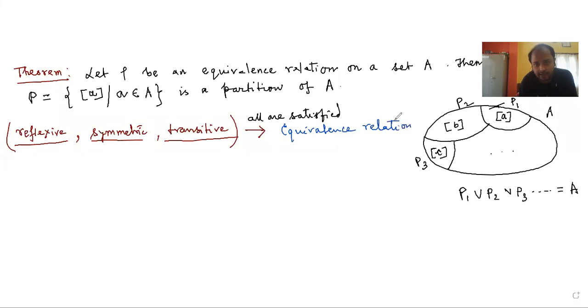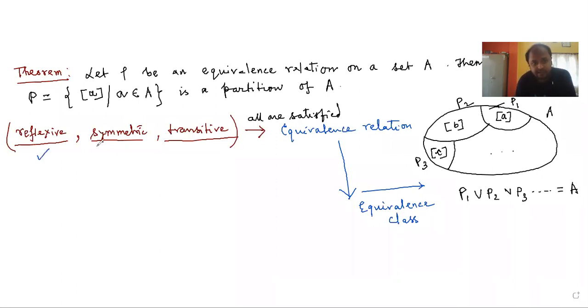And as is clear from the above theorem, an equivalence relation always constitutes equivalence classes. If you have an equivalence relation, then you can design equivalence classes, and corresponding to equivalence classes, an equivalence relation always exists.